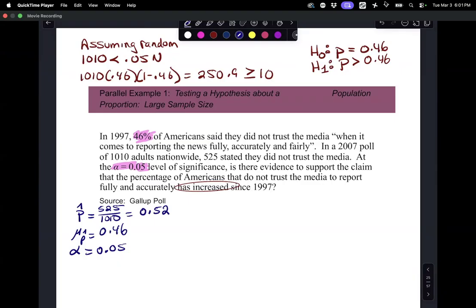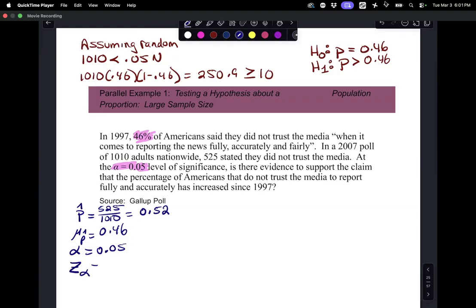All right. Before I calculate my test statistic and my standard deviation and all that jazz, I'm going to get my critical value. So that would be z sub alpha.